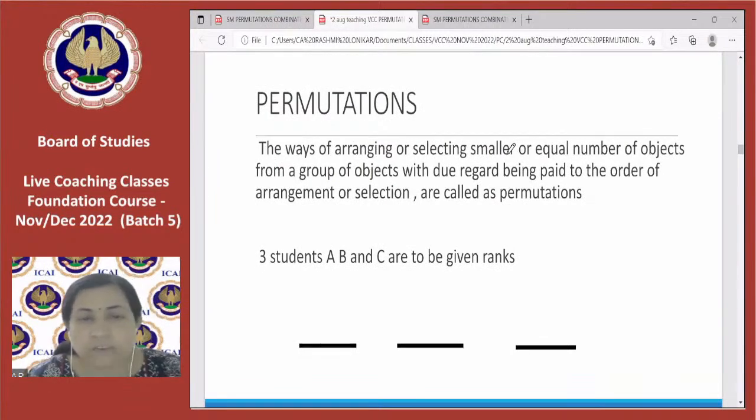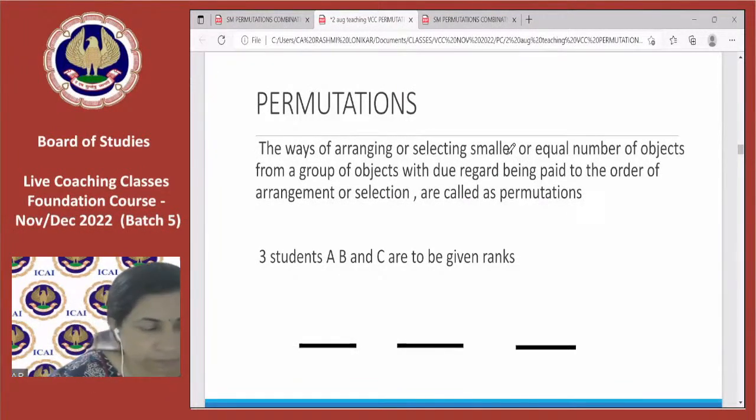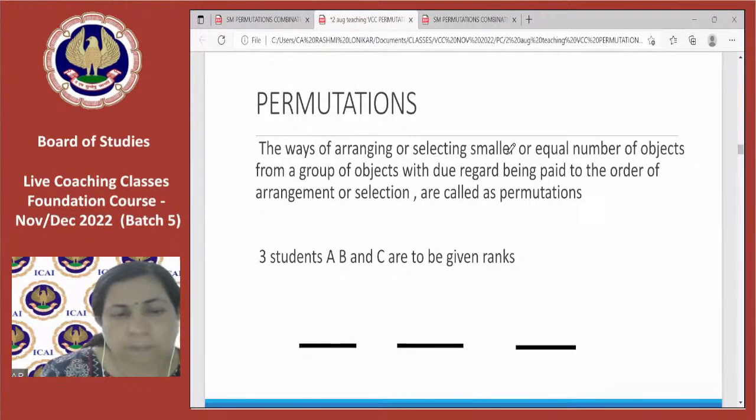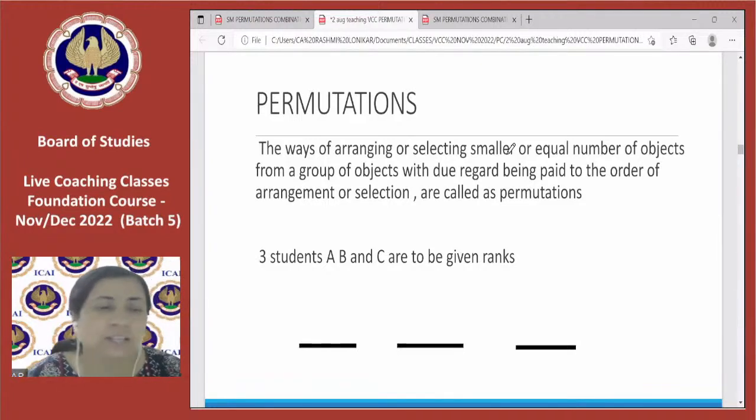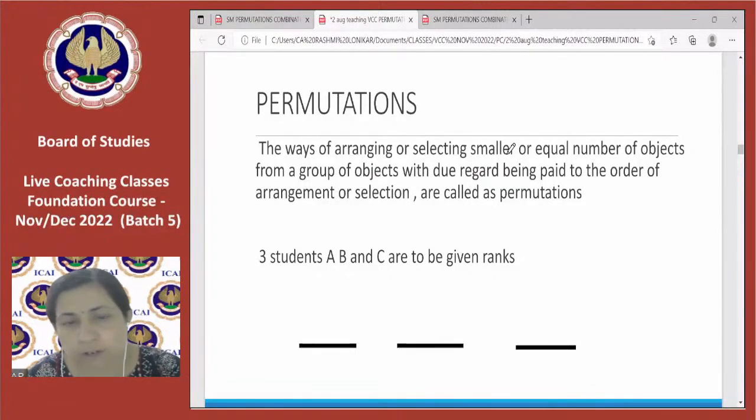Okay, so now we have understood the concept of factorial, and now we will move towards permutation. Permutation is a way of arranging or selecting smaller or equal number of objects from a group of objects with due regard being paid to the order of arrangement.